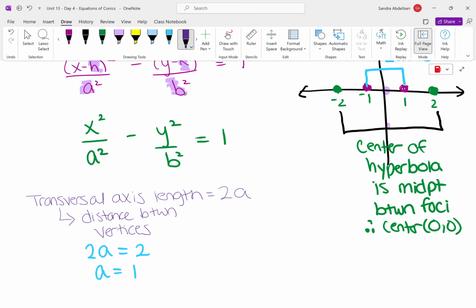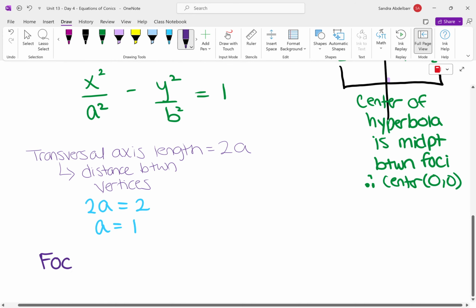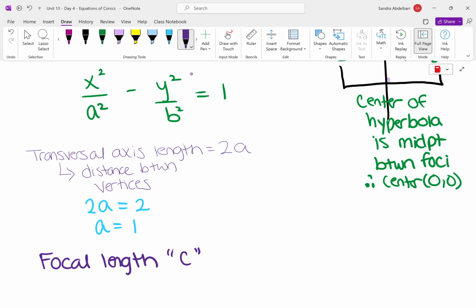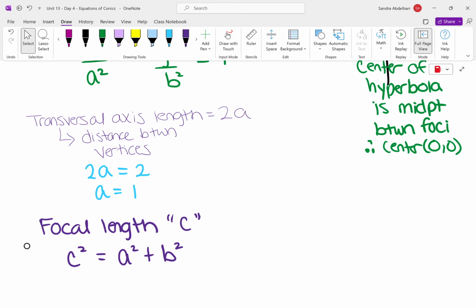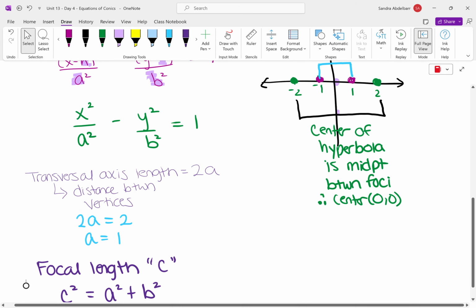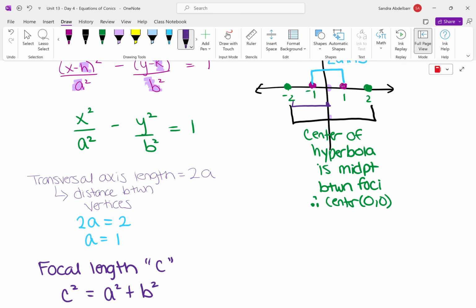So if you all remember, our focal length, which we call C, is C squared equals A squared plus B squared. Now, I don't know what my B is, but I can figure out what the focal length is. The focal length is the distance from the focus to the center, not the distance from the focus to another focus. It's from the focus to the center.